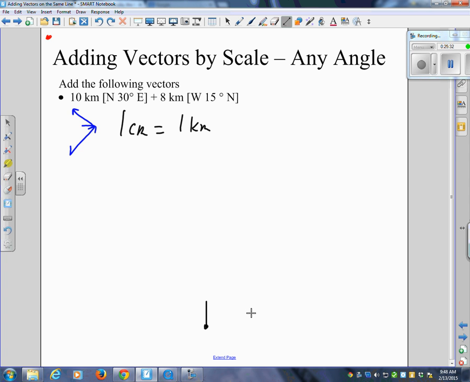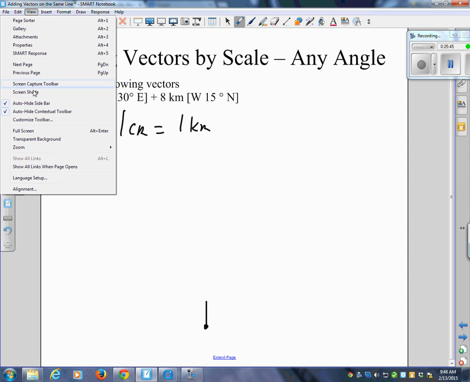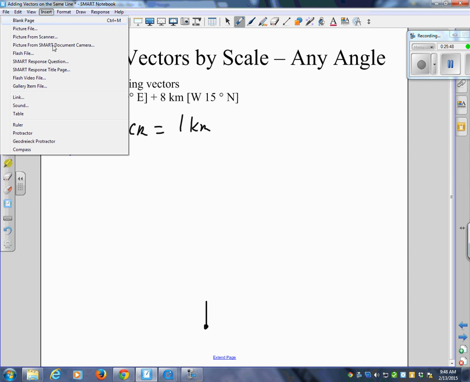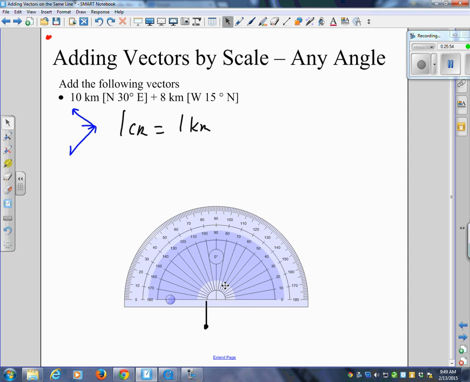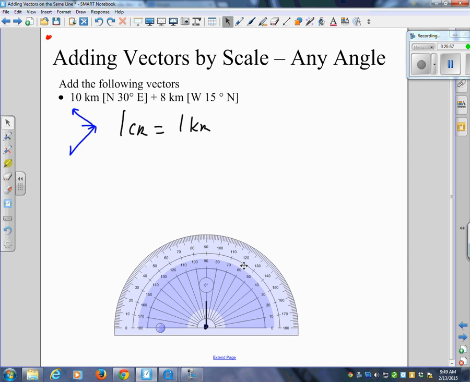There's my reference line. North 30 east. North 30, and then I'm going east from there, right? So now I need a protractor. And so do you. Now, put your protractor there. 30 degrees to the east, right?